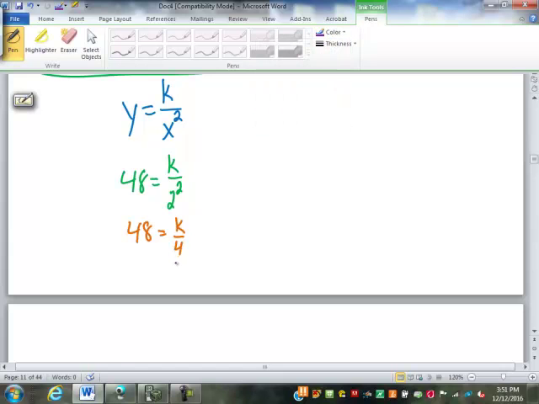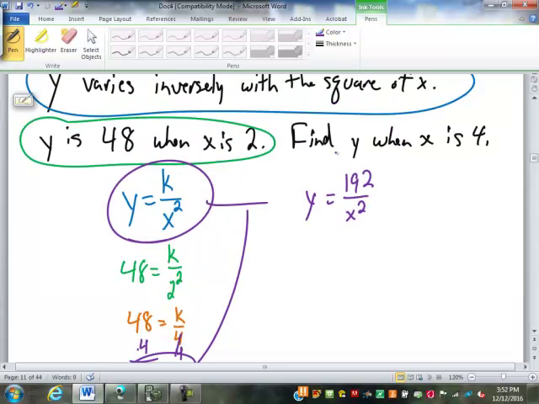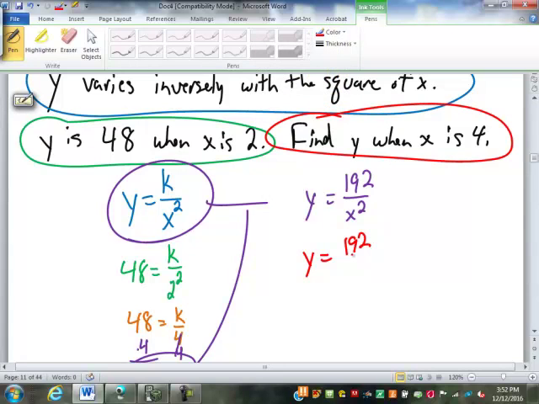And to solve for k, we multiply by 4. So 192 equals k. So y equals 192 divided by x squared. Find y when x is 4. So 192 over 4 squared, which is 192 over 16, which is 12. Y is 12.